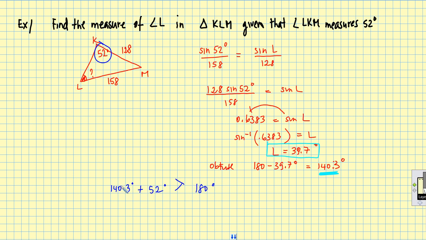So because 140.3 is what we found by taking the acute angle 39.7 and subtracting it from 180, giving the obtuse version, when I add 140.3 to 52, I'm getting an answer that's way over 180, and therefore all I have to say is no solution on this.